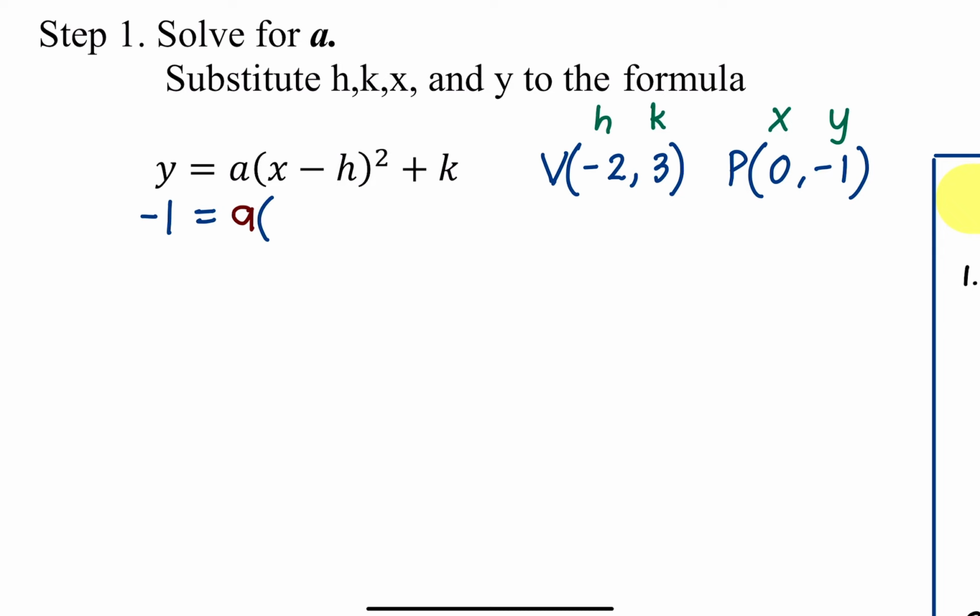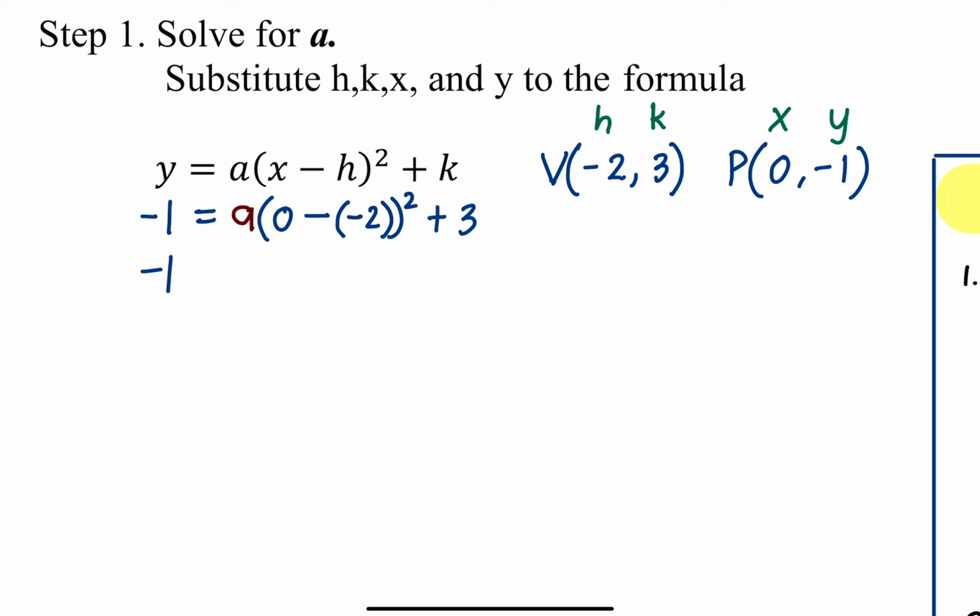Parenthesis, x, our x is 0, minus h, and h is -2. Since this is minus, I'm going to add another parenthesis, squared, and then our k is 3, plus 3. Okay, class, next.